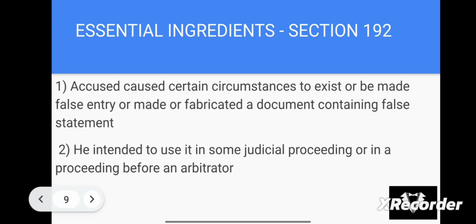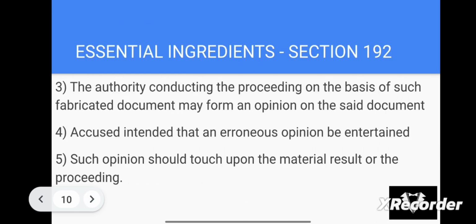The essential ingredients of Section 192 are: the accused caused certain circumstances to exist, or made a false entry, or made or fabricated a document containing a false statement. The next one is: he intended to use it in some judicial proceeding or in a proceeding before an arbitrator.